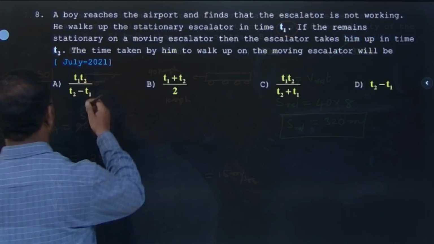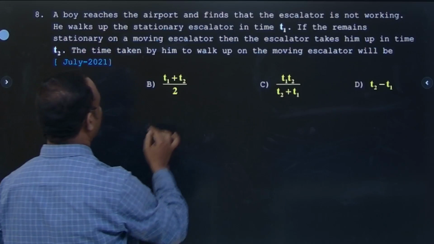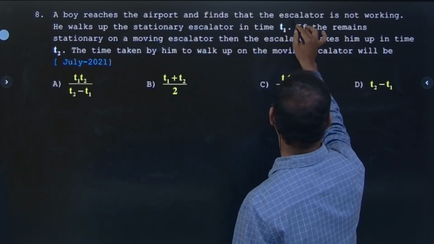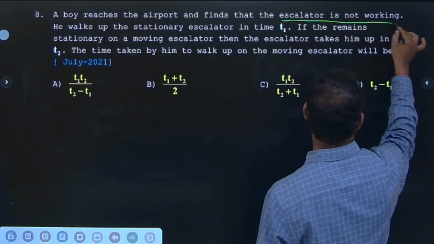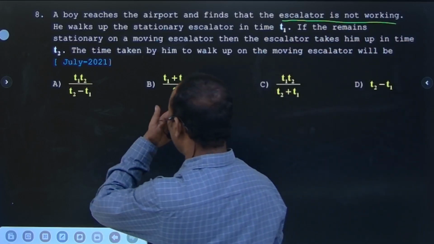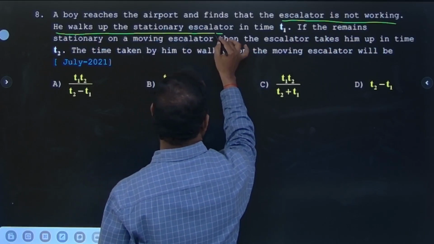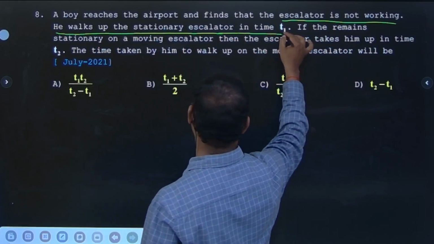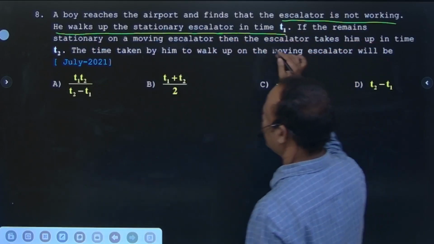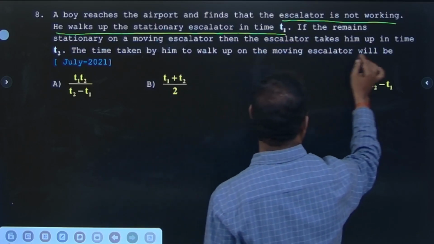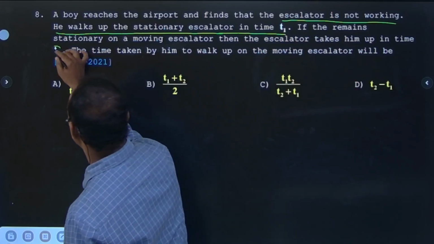D. A boy reaches the airport and finds that the escalator is not working. So he walks up the stationary escalator, which takes time T1, and remains stationary on the moving escalator, then the escalator takes him up in time T2.